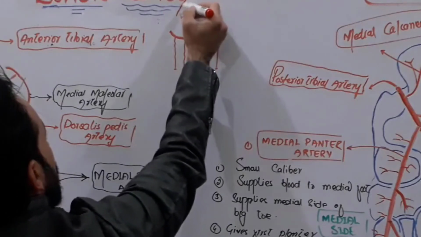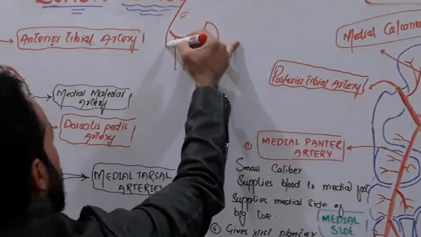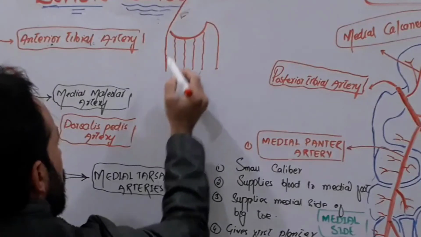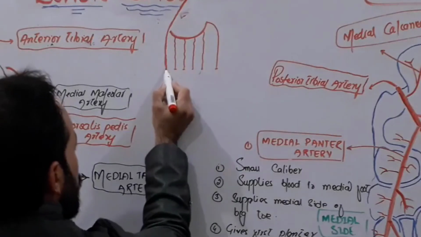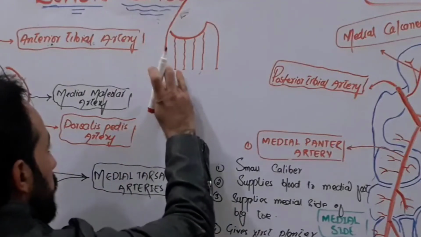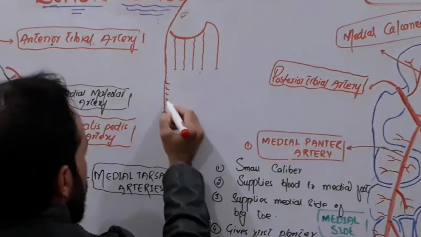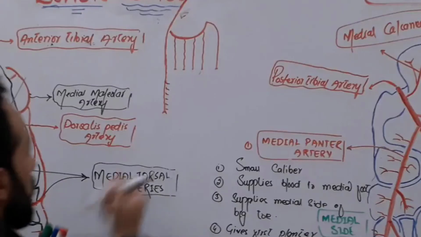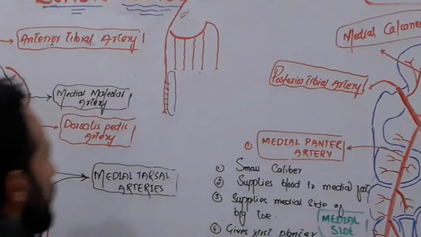It's coming from the medial plantar artery, right? So this artery is coming from the medial plantar artery to the first metatarsal, and then towards the digits, like this. The first digit. Here is our big toe.